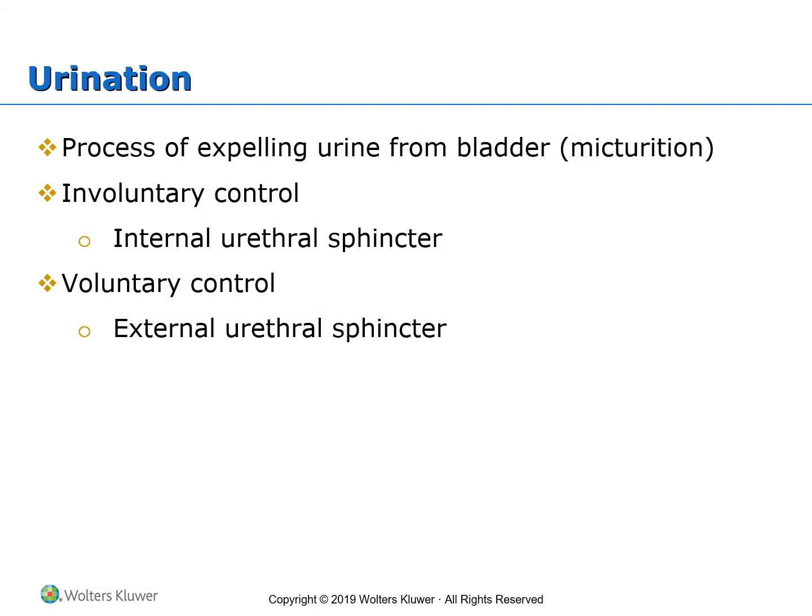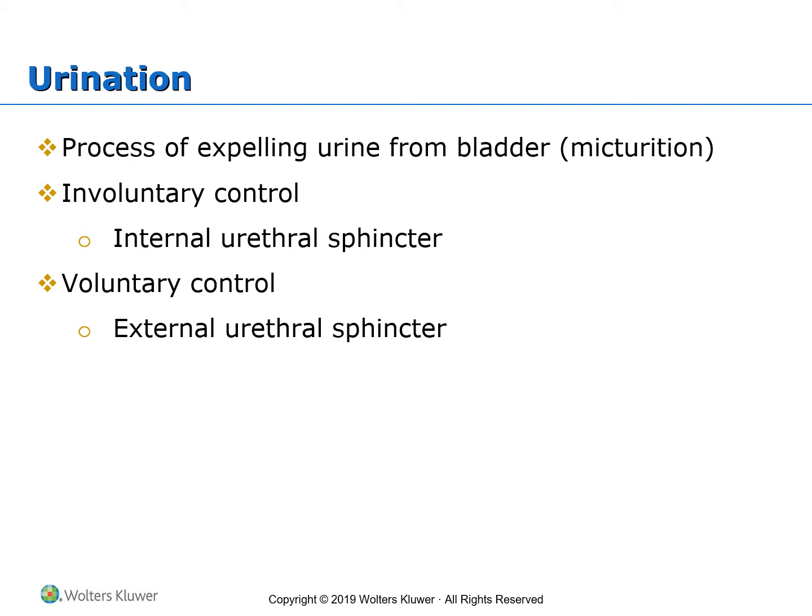Discuss now the process of urination. Urination can be defined as the process of expelling or voiding urine from the bladder. It's called urination, or the medical terminology for that would be micturition. This control can be both voluntary and involuntary. It starts with all of us as an involuntary process and is controlled by two sphincters.